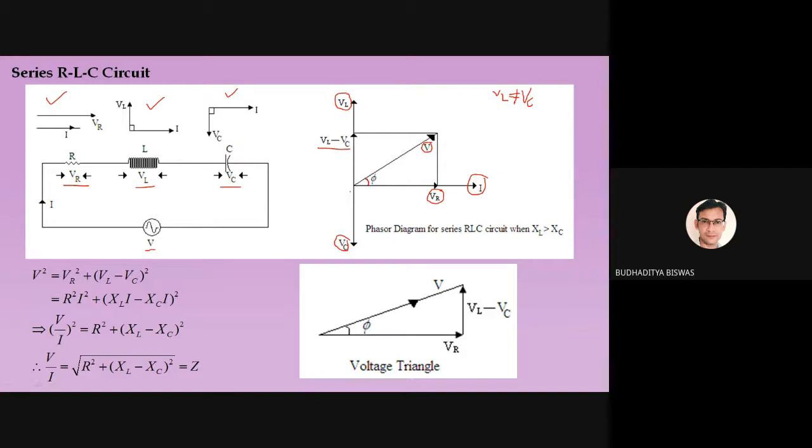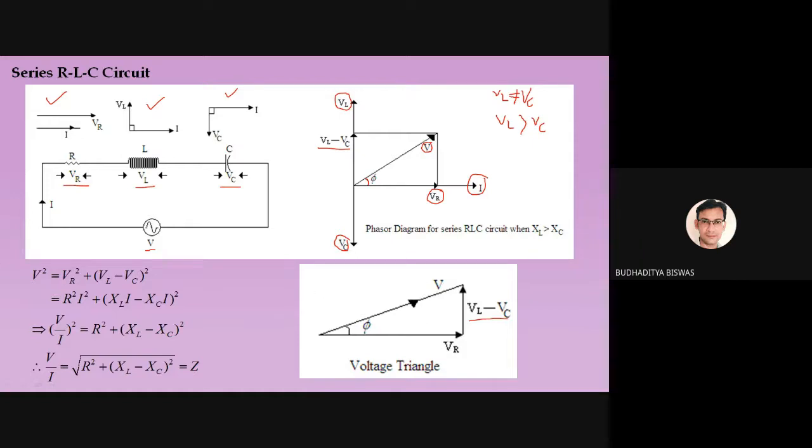So this is the voltage triangle. This is VL minus VC, and this is the supply voltage. And here we also consider that VL is greater than VC. So we get this kind of phasor diagram.